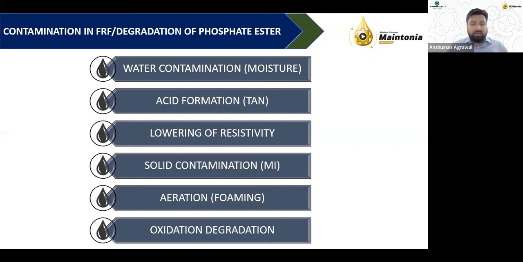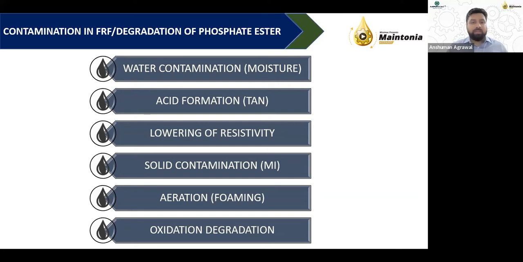And this entire degradation of the control fluid, especially the phosphate ester, is like a chain reaction, as I mentioned. The byproducts even start participating in the same reaction and accelerate it further. The reaction is so fast that in no time you would see your acid increase rate has gone up like anything.